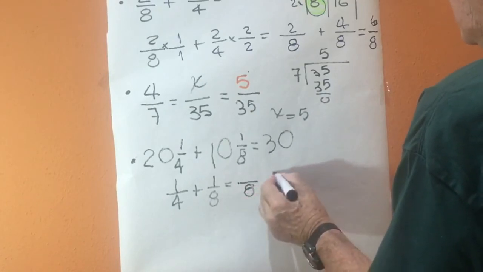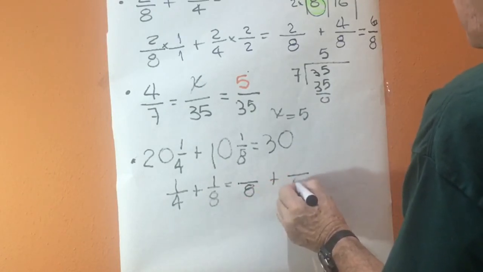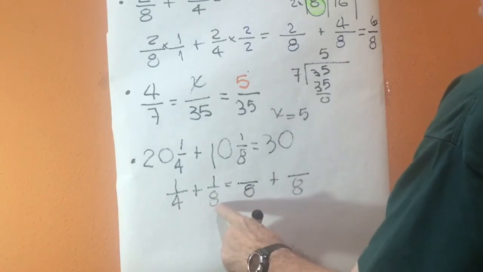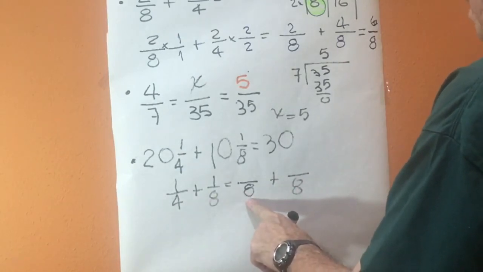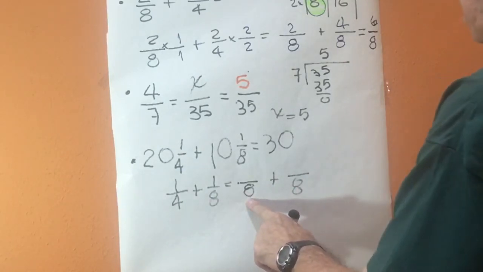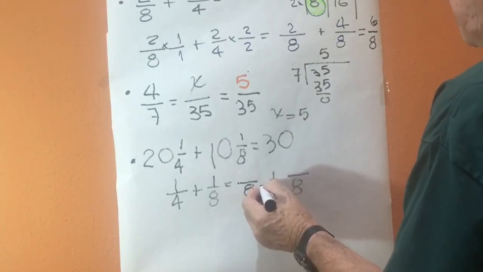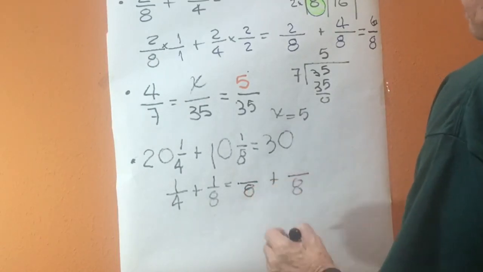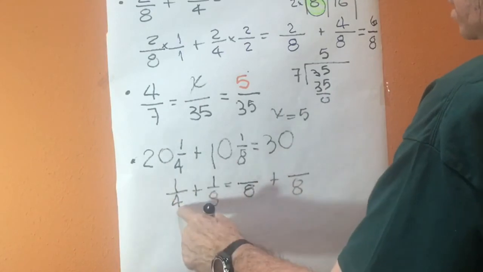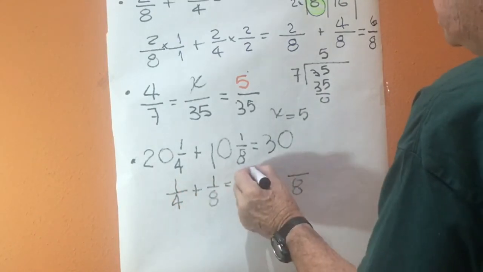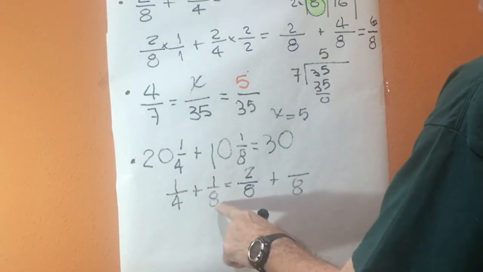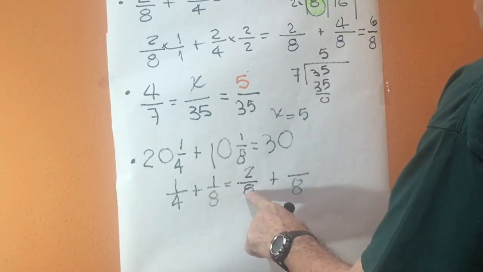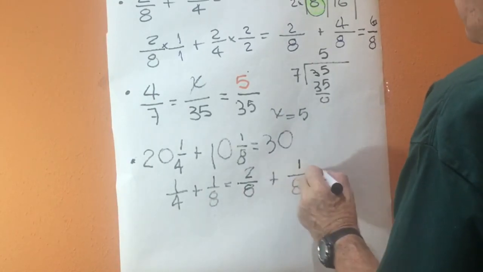8 and 8. 8 divided by 4 is equal to 2. So my factor in this case will be 2. 2 times 1 is 2. In this case, 8 divided by 8 is 1 times 1, 1.